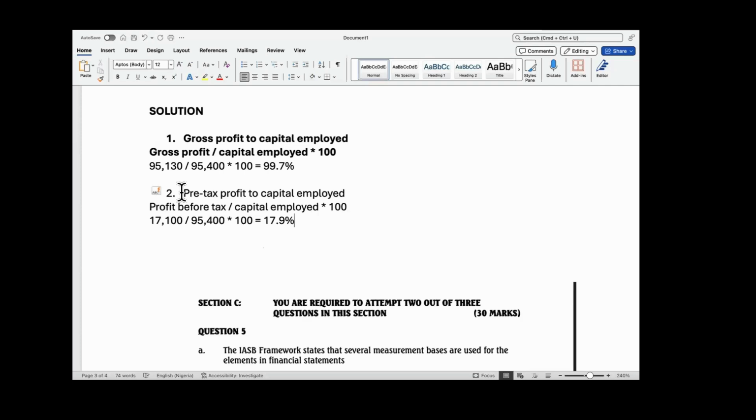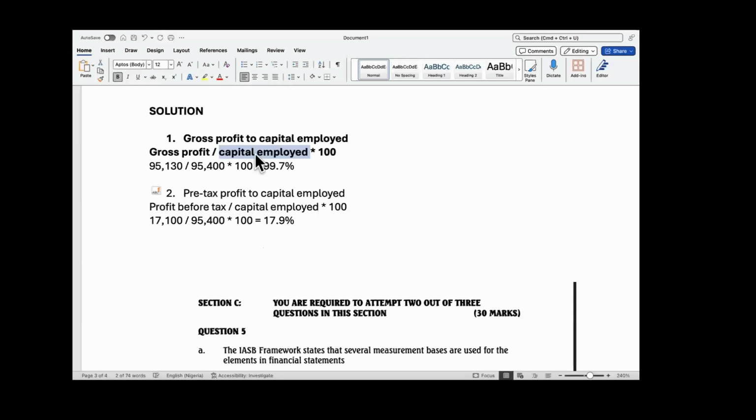Now, do you know that if the question had given us long-term debts for this first one, my capital employed would have been equity plus that long-term debt. Like maybe they gave us long-term loans or long-term debentures or long-term preference shares, that is debt.